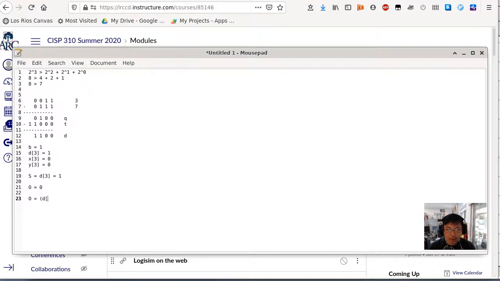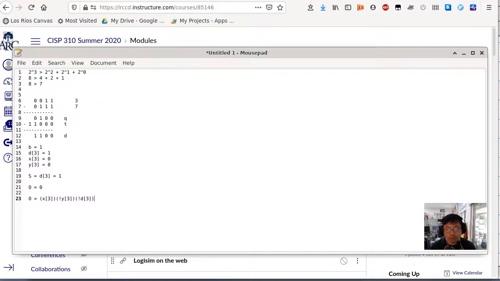So it is D3 in this case, then X3 first, negated Y3, and then another negated D3.